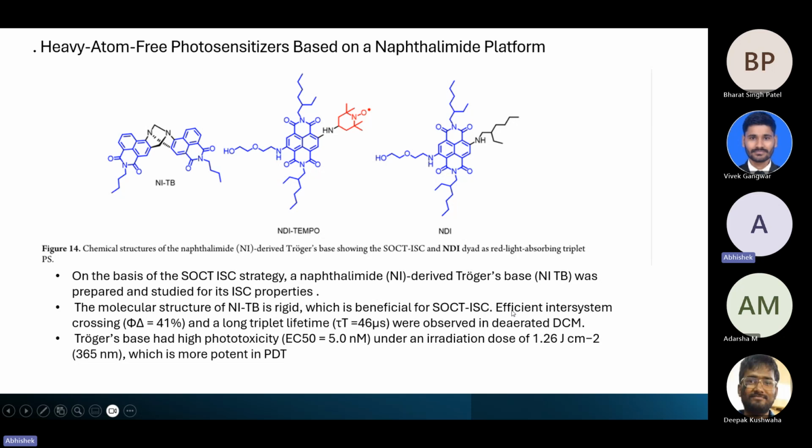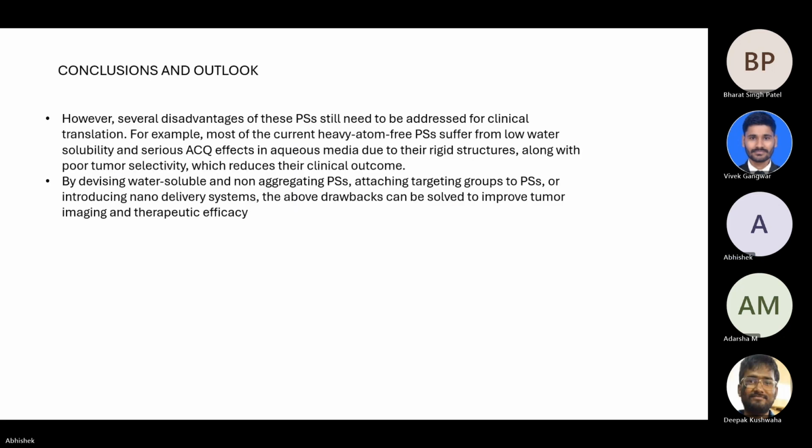Efficient intersystem crossing, up to 41%, and a long triplet lifetime, 46 microsecond, were observed in deaerated DCM. Trojan base had a high toxicity, that is 5 nanomolar under an irradiation dose of 1.2 joule per centimeter square, which is more potent in PDT.